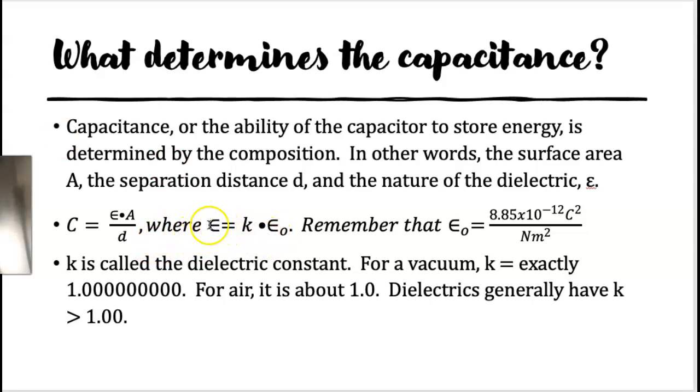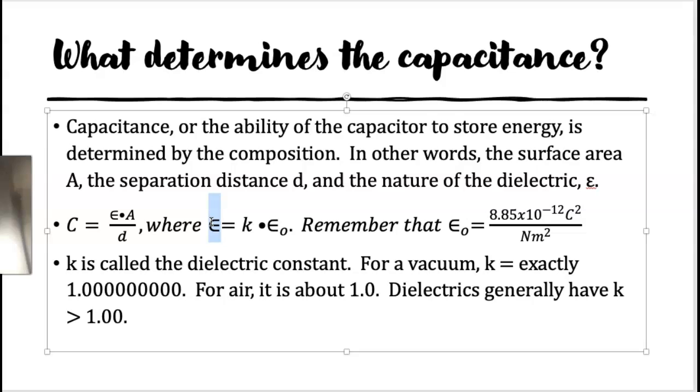To be more specific about that, when we talk about permittivity of free space, remember we've used this already. Now we might be talking about permittivity of other materials, not just free space. So you might see something called a dielectric constant in there. A dielectric constant is a constant relating to the strength of that capacitor's new medium in the middle.